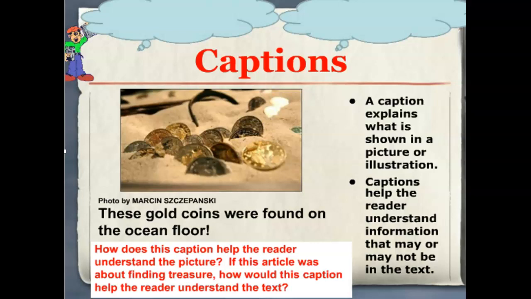So if there's a caption under that, sometimes it could just be citing who took the photo, so giving credit as to not plagiarize, and other times there's a little bit more information under that picture. So anytime you see a photograph or a picture in a textbook or an article and there is a caption, make sure that you're paying attention to that text feature.